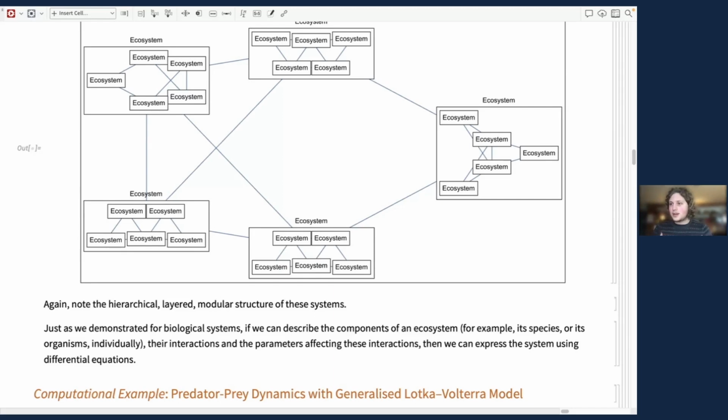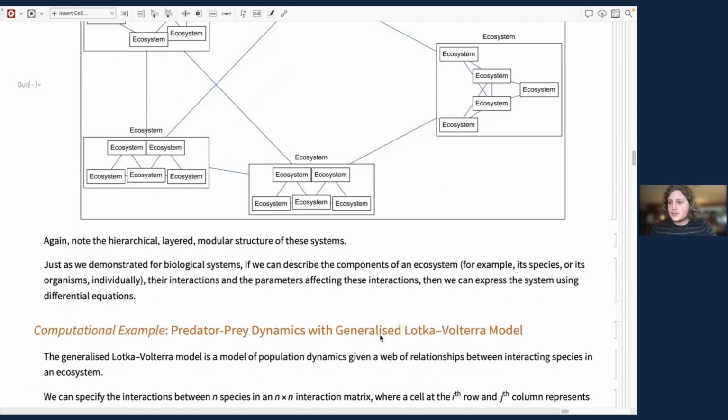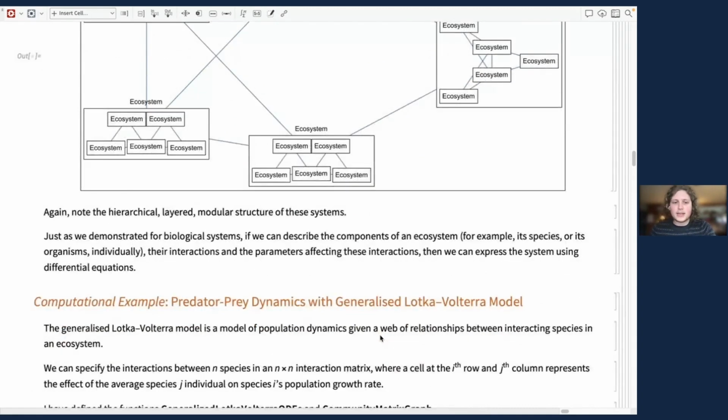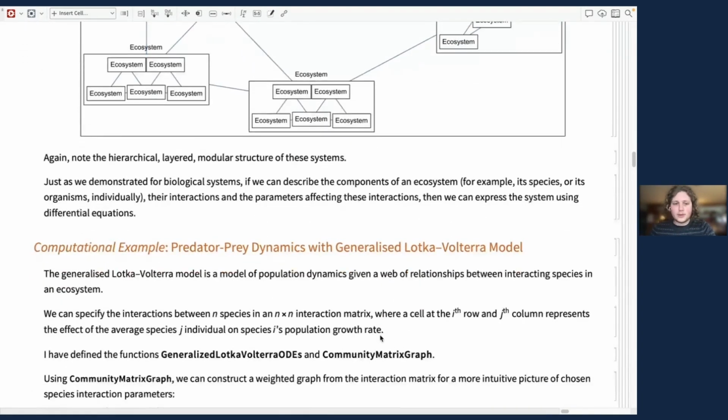and that's the answer in the case of the model that I'm exploring in this following demonstration. Yes, we would need to define the instantaneous effects of species interactions on each species pair. So we would have to know how each species affects another, and what are the parameters that control these interactions. This is essentially the insight behind the generalized Lotka-Volterra model.